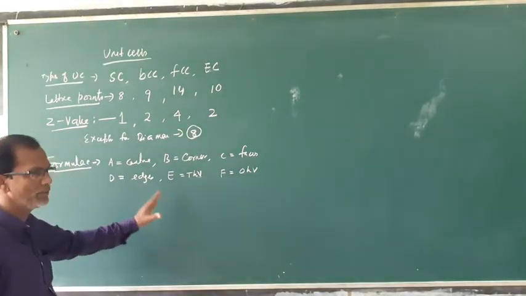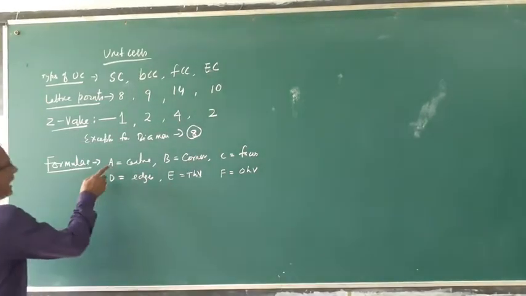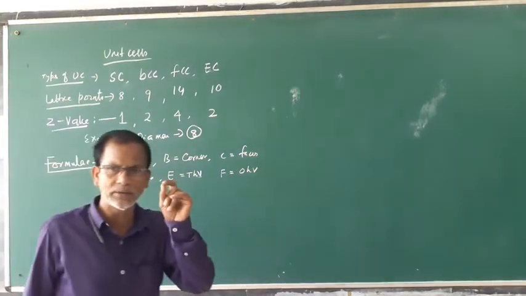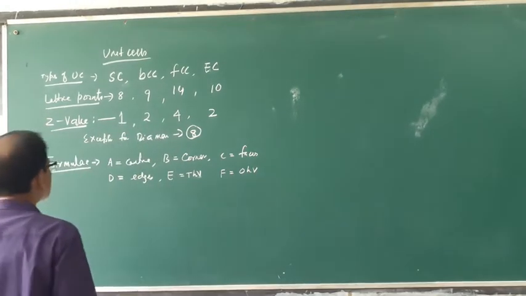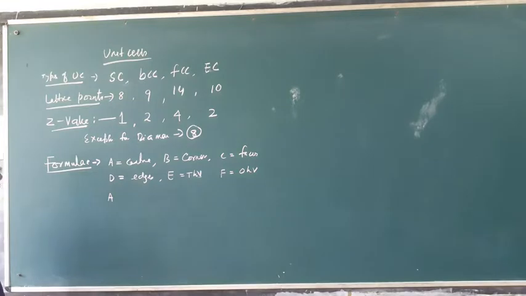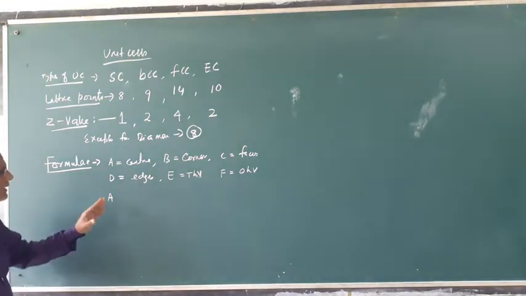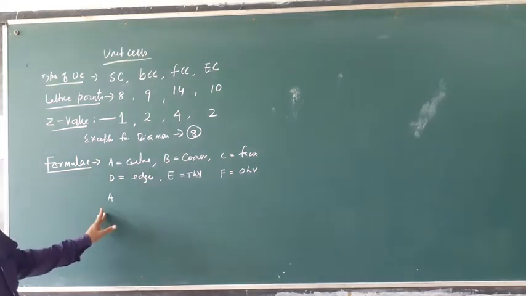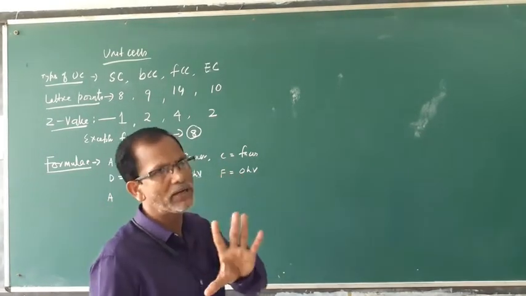Formula means the simplest ratio. A is at the center. A cuboid has one center, all cuboids have one center. That's why it will always be 1A. There is no other composition, it is only A. Only one A will occupy the center because a cuboid has one body center.